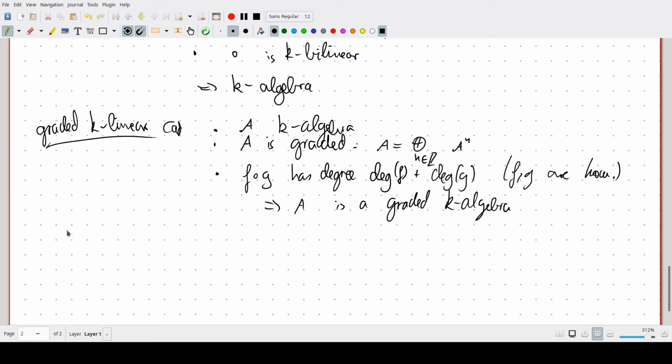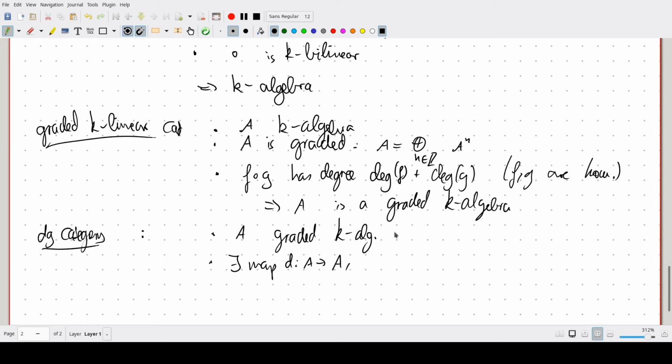And now, last but not least, DG category. Well, again, A is a graded k-algebra. But we have more. We have a map d from A to A, such that d increases degrees. So if we restrict d to A_n, then it maps A_n to A_{n+1}. It's k-linear, but not A-linear.